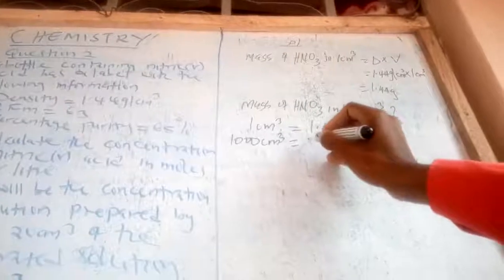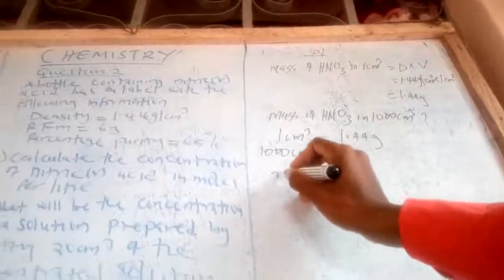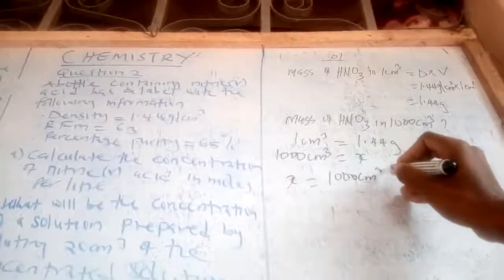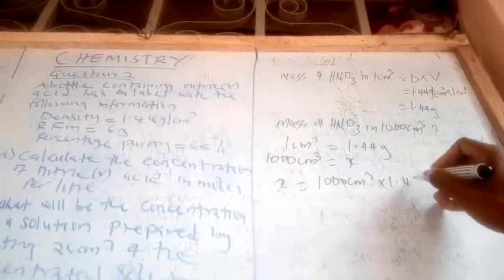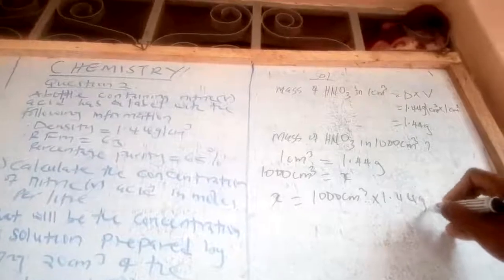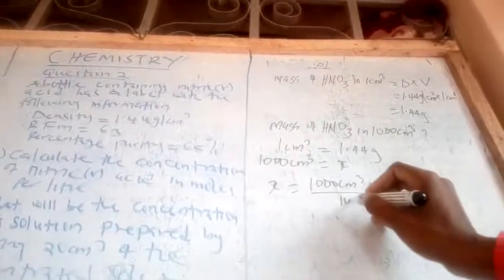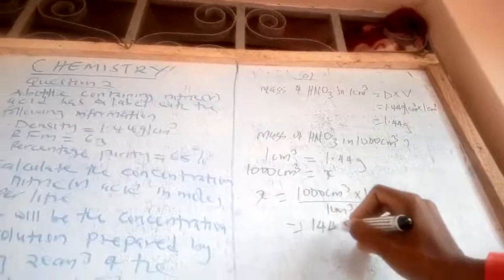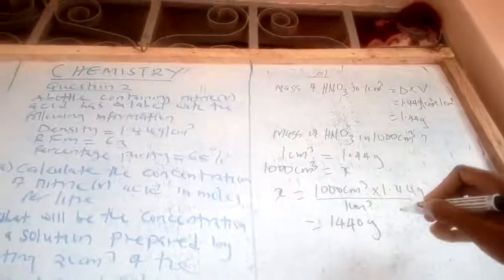You get the value as x, so x is 1,000 cubic centimeters multiplied by 1.44 grams, then divided by 1 cubic centimeter, and the answer becomes 1440 grams. That is the total mass of nitric 5 acid, including the impurity.